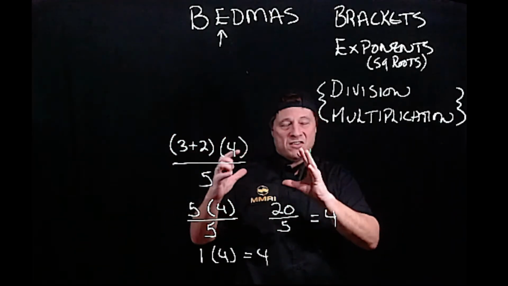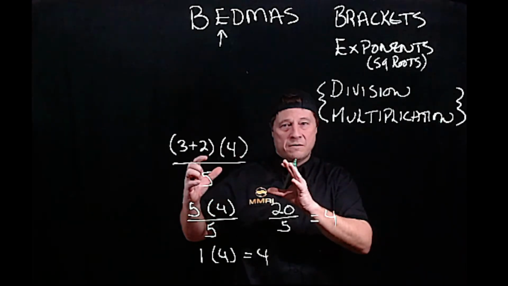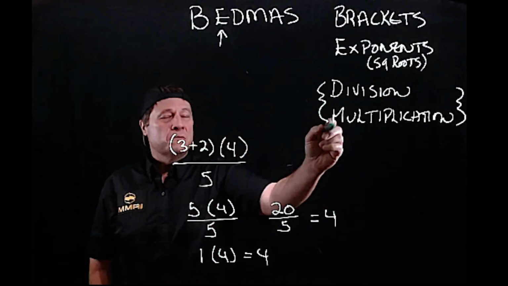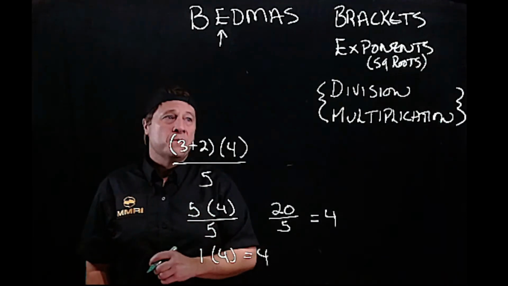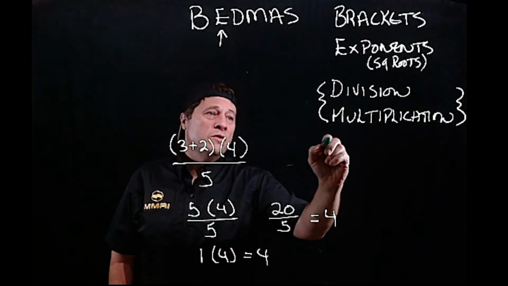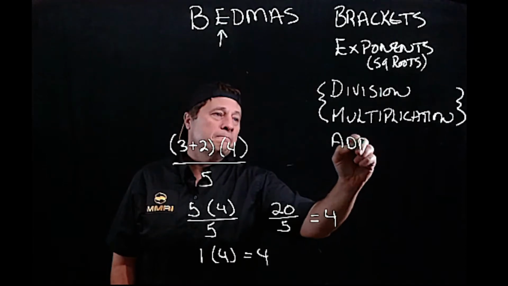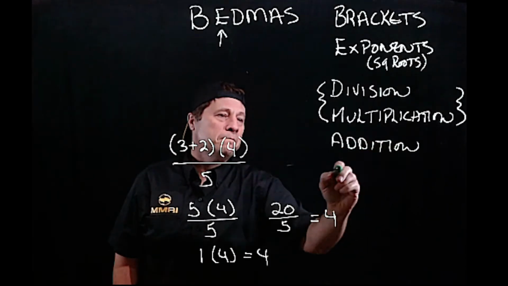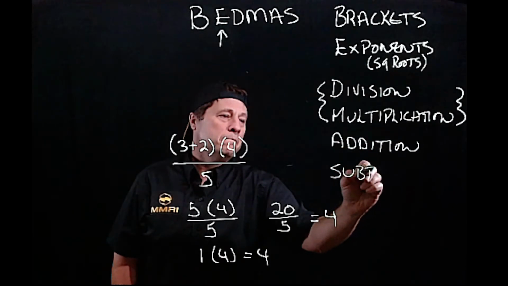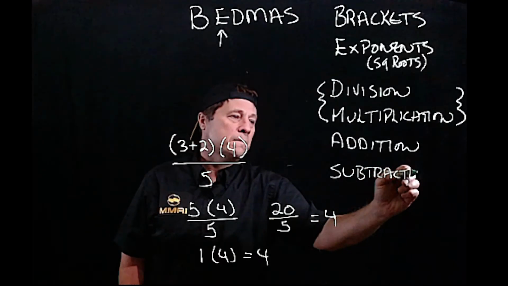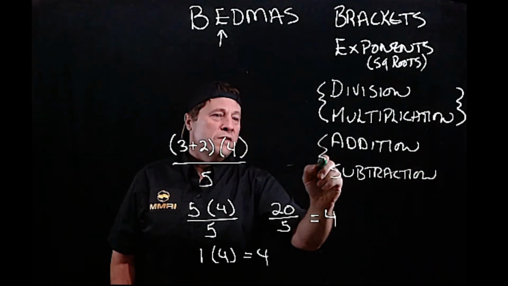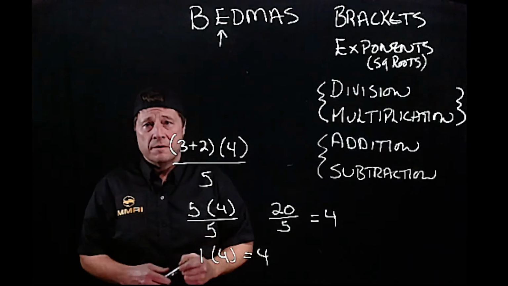So keep things simple and keep them organized, right? Division, multiplication in the order in which they appear. And that's true with addition and subtraction. Okay, you do them in the order in which they appear.